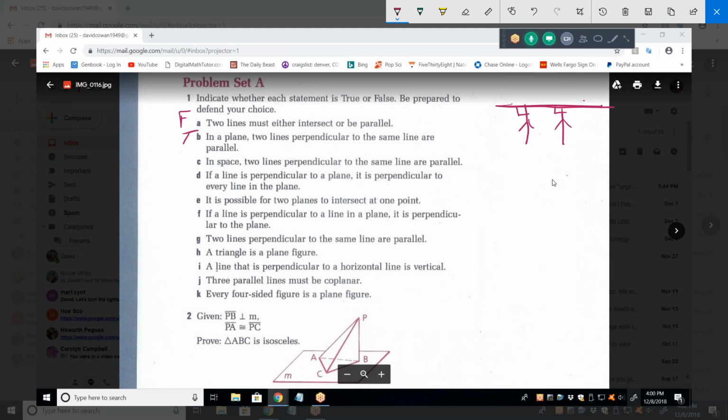In space, two lines perpendicular to the same line are parallel. False.